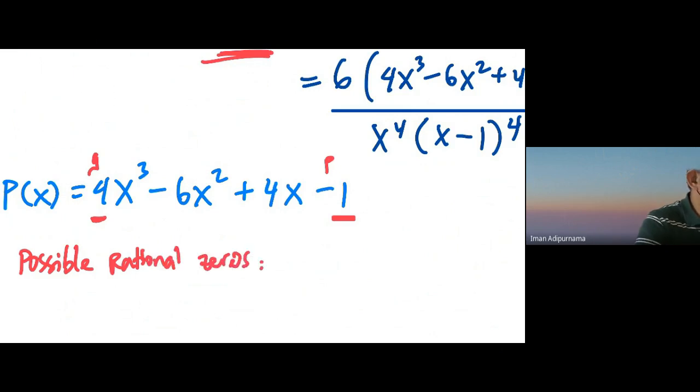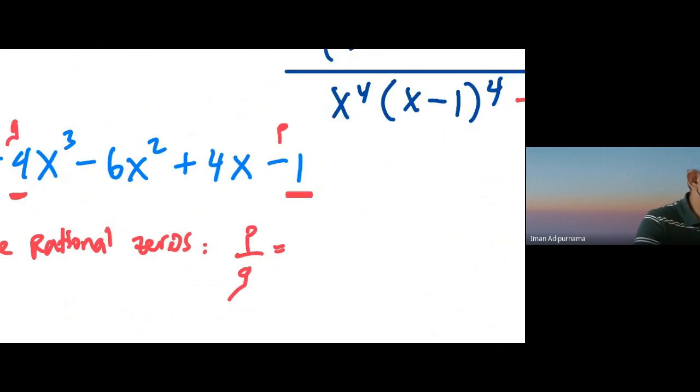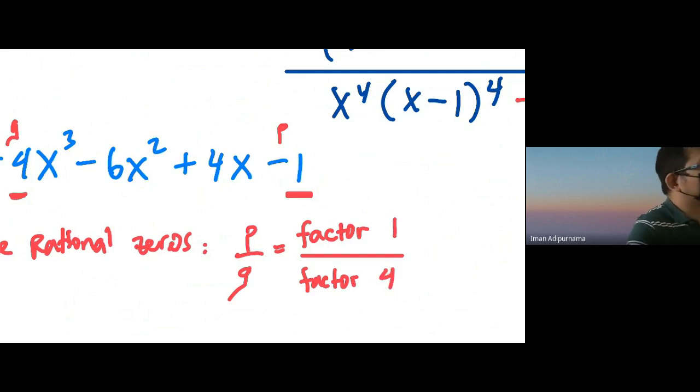This is p over q. What is p? P is a factor of the last constant at the end. So this is a factor of 1. And q will be a factor of 4.